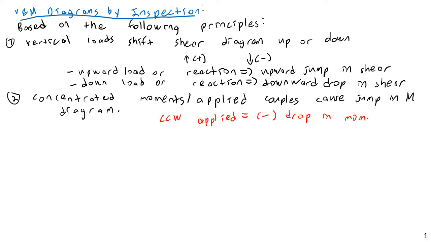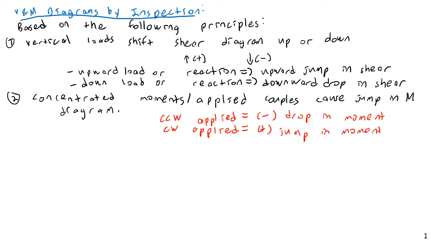And the way to think about this is, while the exterior load applied to a beam may be in the positive direction, it would cause a negative drop in the internal forces. And then a clockwise applied moment will equal a positive jump in moment.